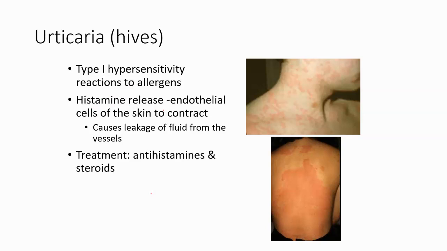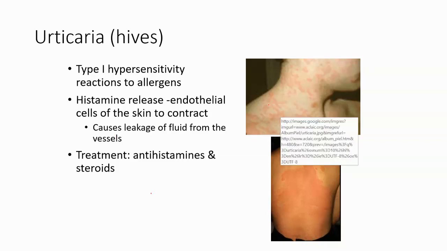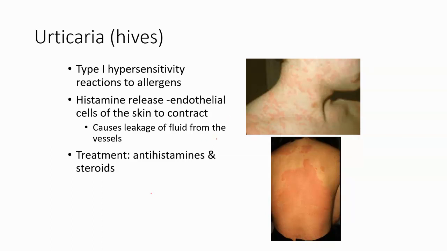It's a histamine release, causing endothelial cells of the skin to contract. It causes leakage of fluid from the vessels, and so they get these fluid-filled vesicles on their skin. And any type of allergic reaction that causes hives, we can treat with antihistamines and steroids.